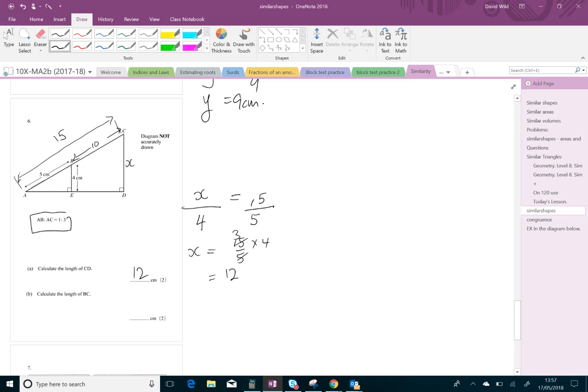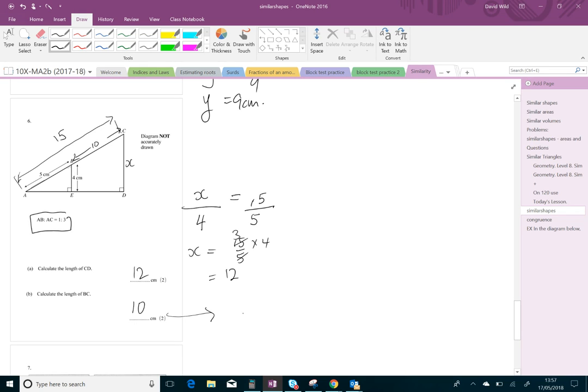Now find the length of BC. Well, we've already done that actually. So 10. We could have found this value a different way, but we already found that on the diagram, and that's 10.